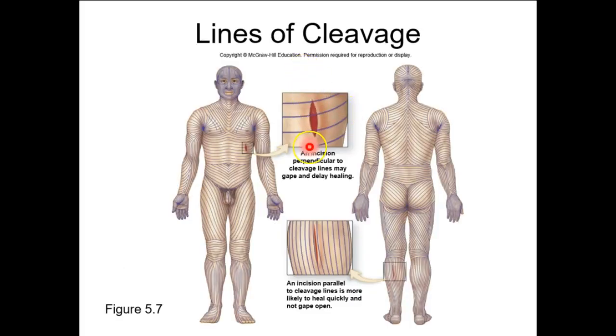So if you cut against the lines of cleavage, the stress is going to be pulling it open, whereas if you cut parallel with the line of cleavage, the stress is going to be pulling it closed. So this is more likely to need stitches, for example, depending on the depth and severity, or a butterfly bandage, or immobilization, than something that's this orientation.